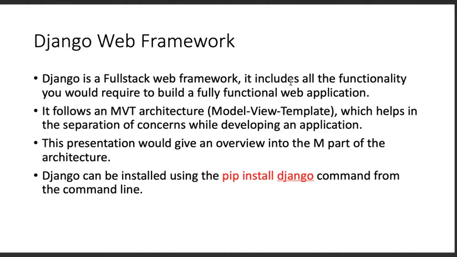So in a web application, you can have different requests and how these requests are to be handled. While the T stands for templates, which is the way the data is going to be represented in the HTML page. But this presentation is just concerned with the M part of it.